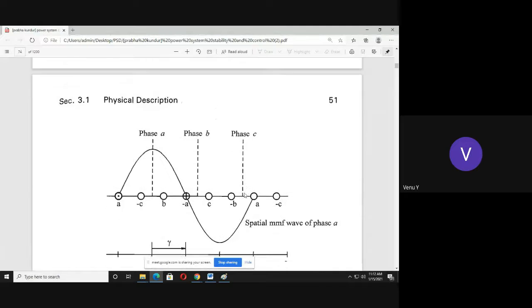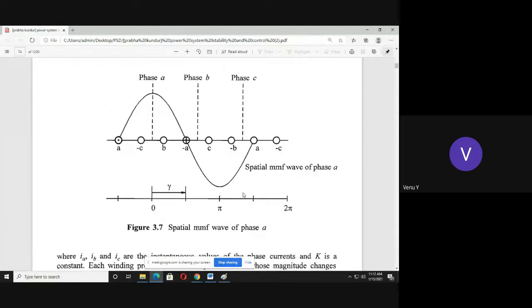Now, let us consider the spatial MMF wave of phase A. This is phase A, the peak value. Here you can take the axis of phase A. All the conductors in a phase A are connected in series to generate voltage.